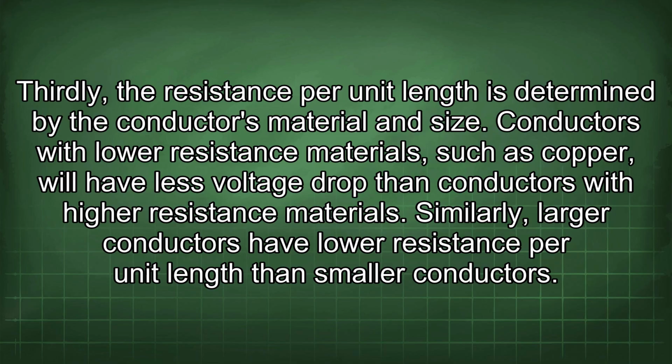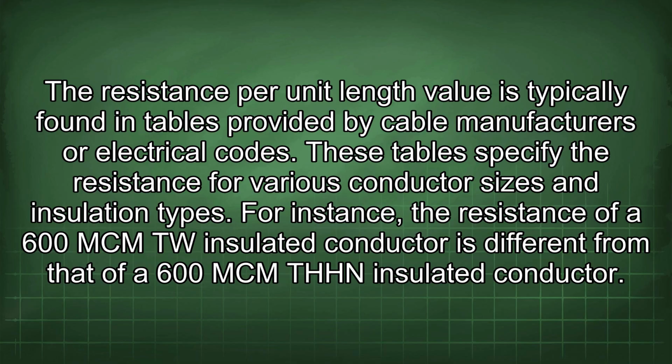Thirdly, the resistance per unit length is determined by the conductor's material and size. Conductors with lower resistance materials, such as copper, will have less voltage drop than conductors with higher resistance materials. Similarly, larger conductors have lower resistance per unit length than smaller conductors. The resistance per unit length value is typically found in tables provided by cable manufacturers or electrical codes.